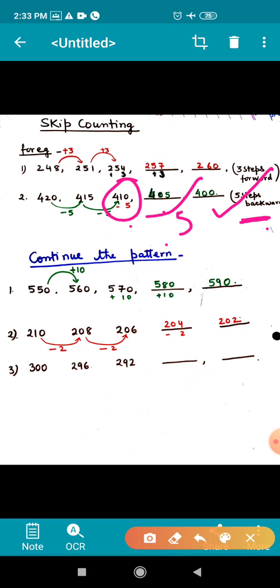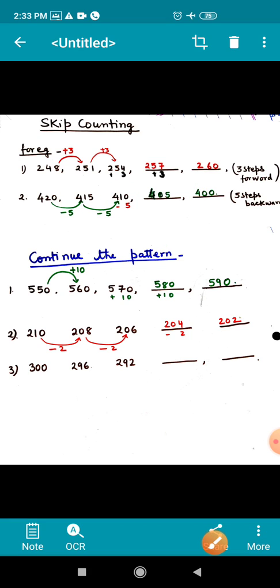Okay, children? Now, let us continue the pattern. Here, children, you have to recognize what you have to do. Here the numbers are given, and you have to find out what you have to do.